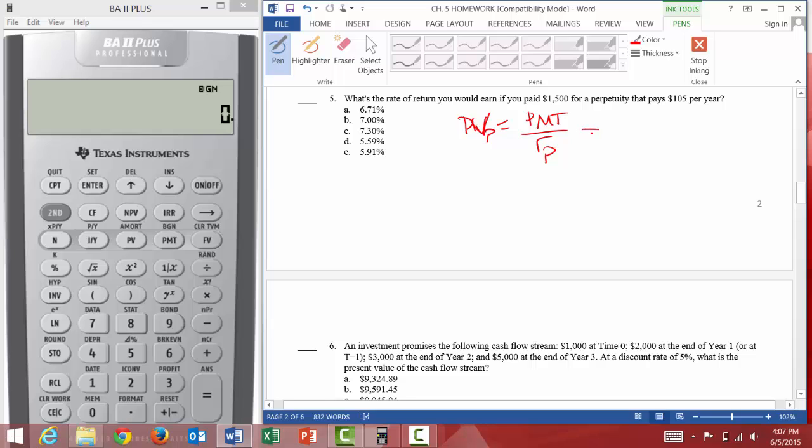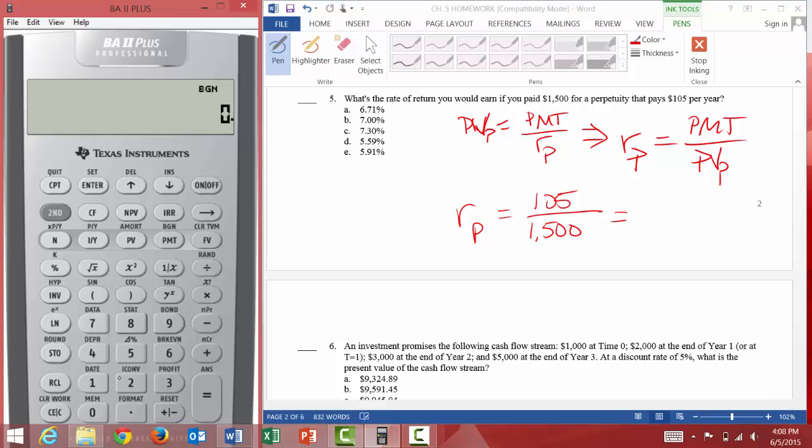So I could solve for R and say that the rate would be equal to the payment divided by the price, or the present value of the perpetuity. So R, the rate, is going to equal the payment, pays $105 per year, and the price is $1,500.